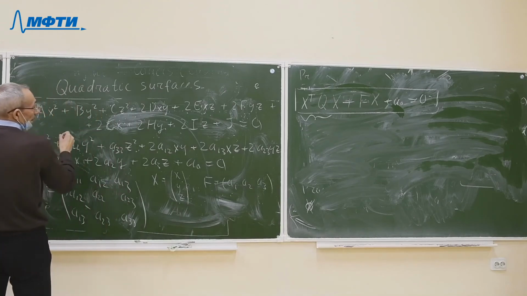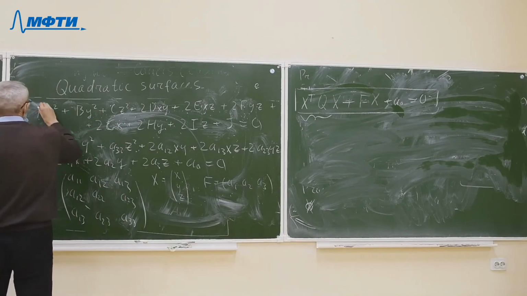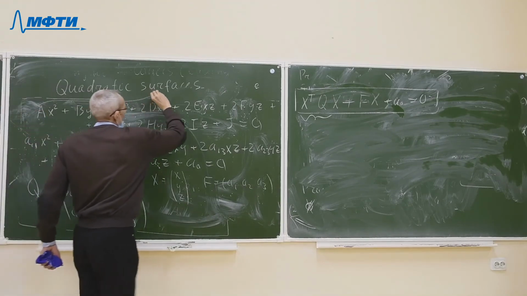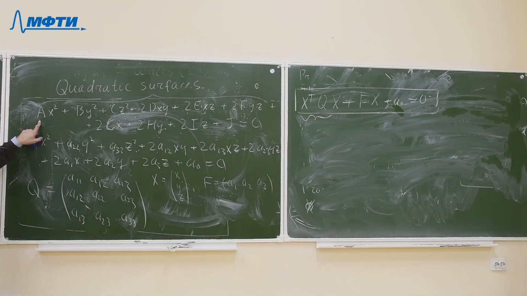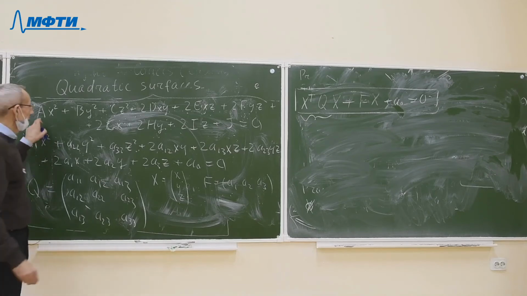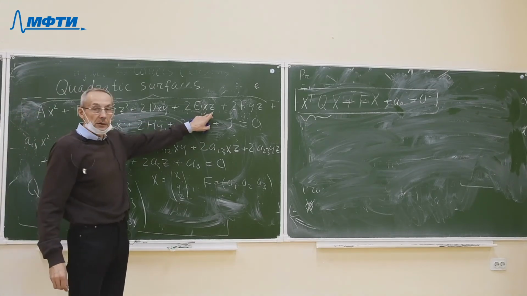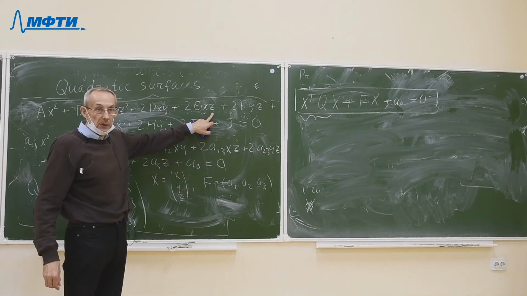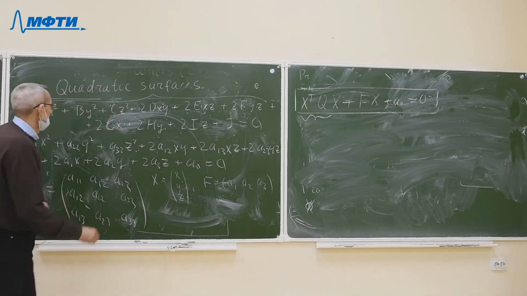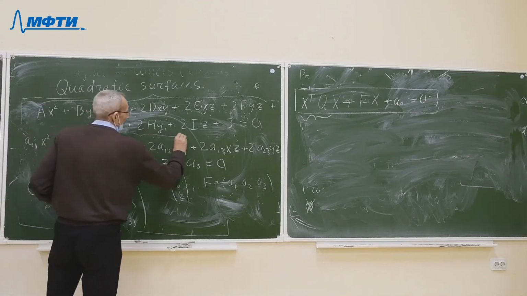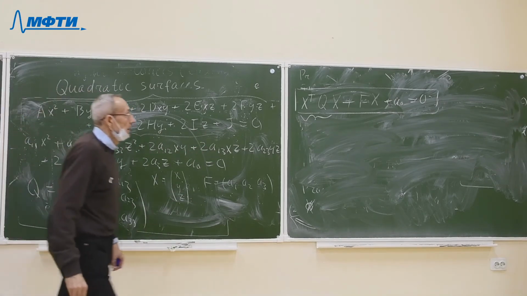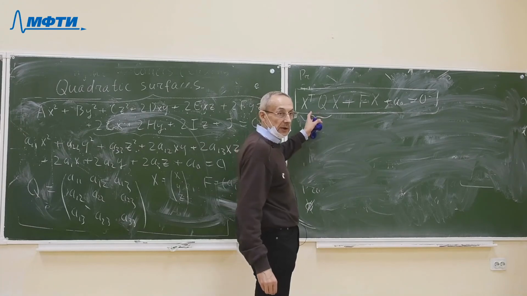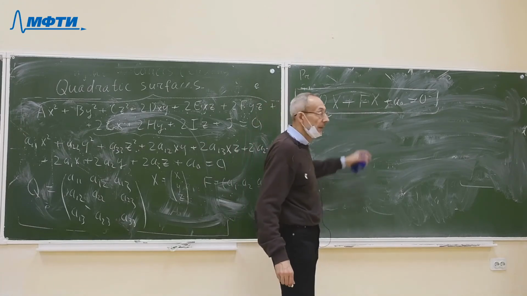This part is called the quadratic part of this equation, the quadratic form. And this part is the linear form. And our equation is a sum of a quadratic form and a linear form.